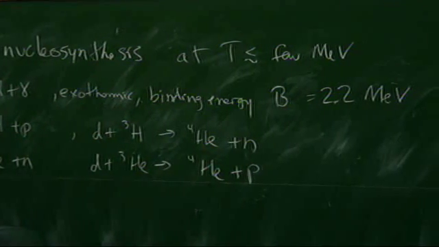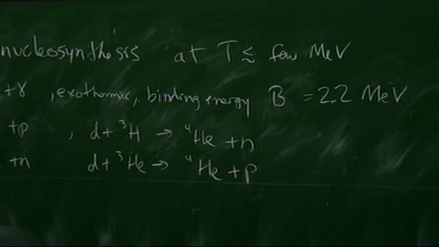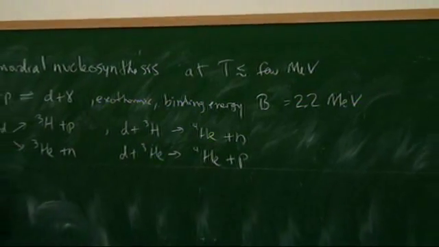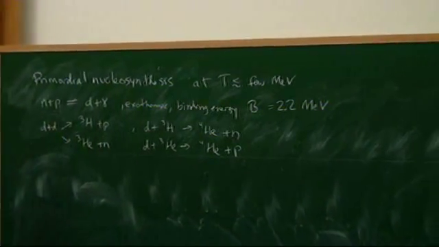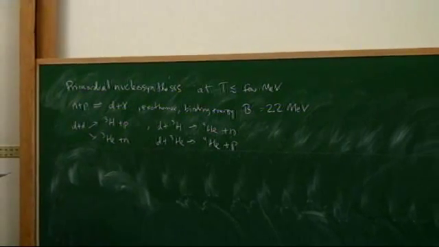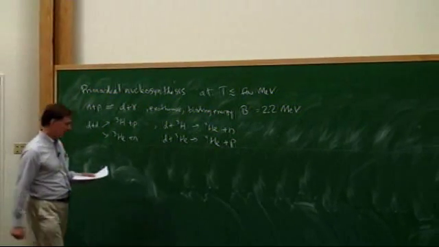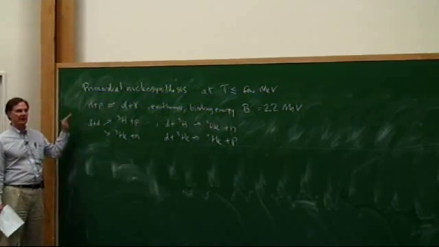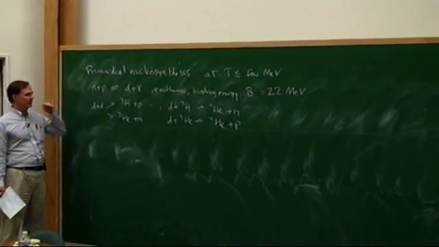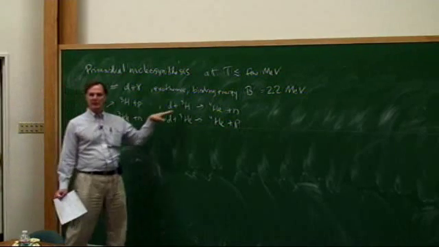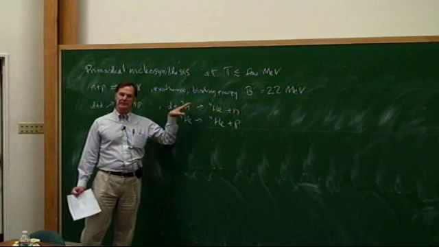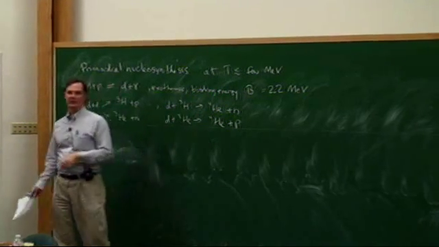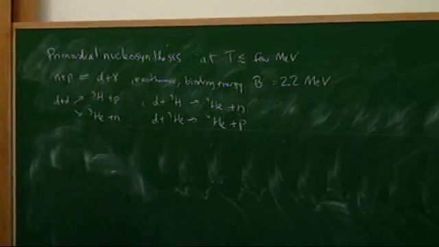All these reactions are quite exothermic, meaning that they can happen at low temperatures, but the reverse reactions will not occur at low temperatures. The products don't have enough energy to reverse the reaction. So deuterium is the important step in producing helium to go to heavier nuclei with a mass number of 5 or higher.